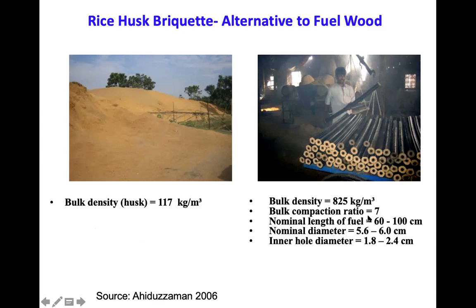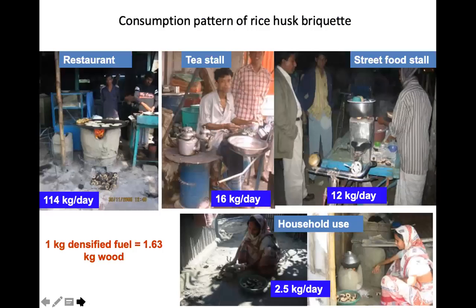Bulk compaction ratio 7, nominal length of fuel 60 to 100 centimeters, nominal diameter 5.6 to 6 centimeters, and inner hole diameter 1.8 to 2.4 centimeters. So almost a very unique system. It is portable, not polluting the environment, and a very smart technique.